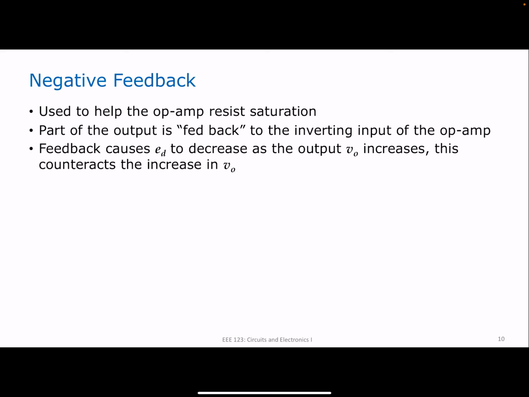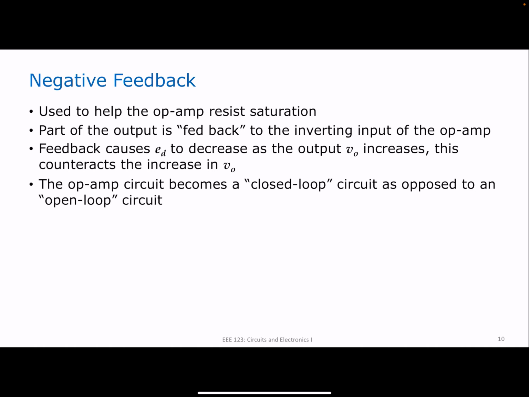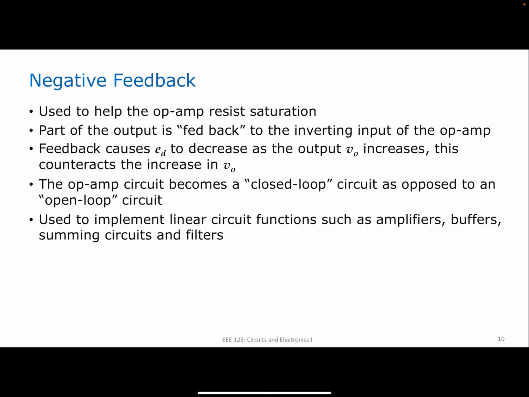So the feedback causes ED to decrease as the output V sub O increases. This will counteract the increase in V sub O. When we do this, the op-amp circuit becomes what we call a closed loop circuit. And this is used to implement linear circuit functions such as amplifiers, buffers, summing circuits, and filters.